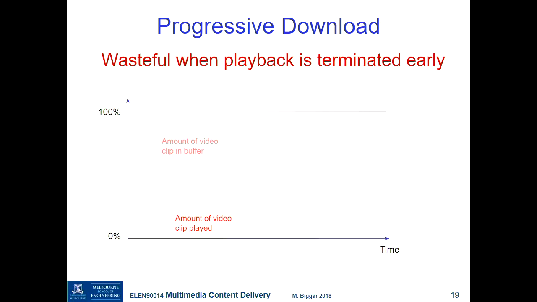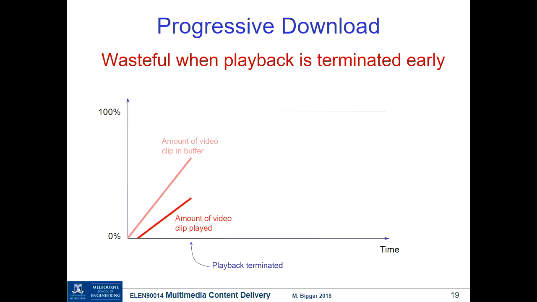Another problem with progressive download is that it can be wasteful if the playback is terminated early. So even if the network is supporting the rate that we would want, we're accumulating more and more data here, and we're getting well ahead of ourselves, but then we decide that that video of the cat wasn't all that interesting after all, and we abandon it.